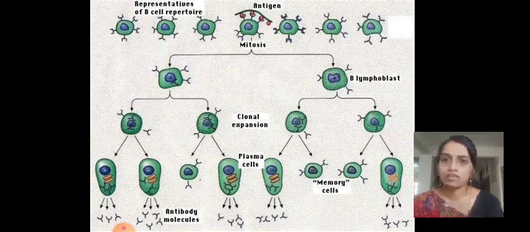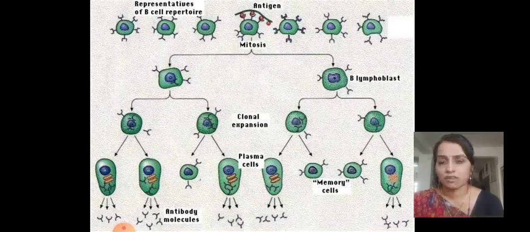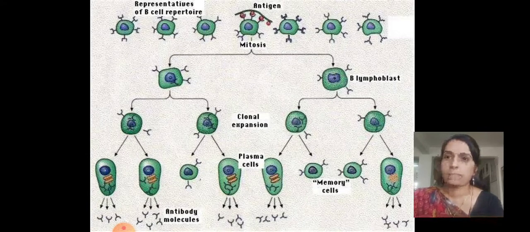Side by side they also create memory cells to keep the memory of the defense mechanism, so that the next time the same pathogen enters our body, the memory cells will give an idea about the defense mechanism required for fighting against them, and the response to the pathogen on the second visit will be very quick and rapid.